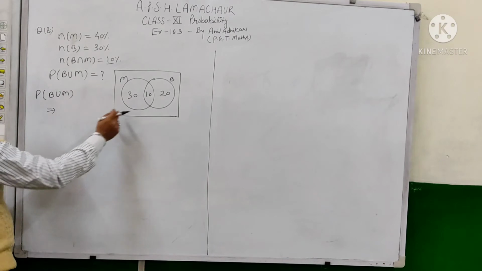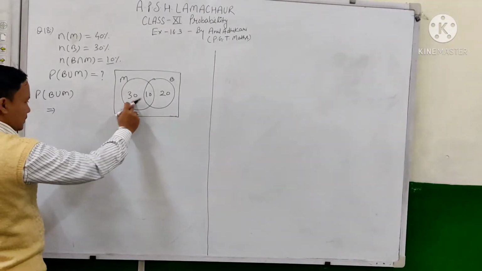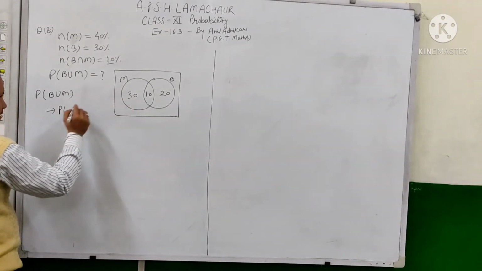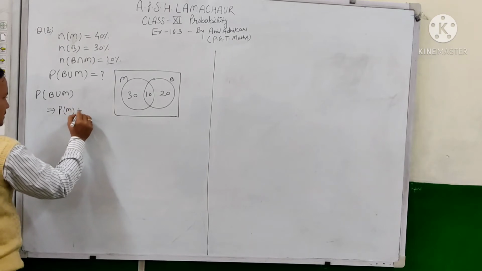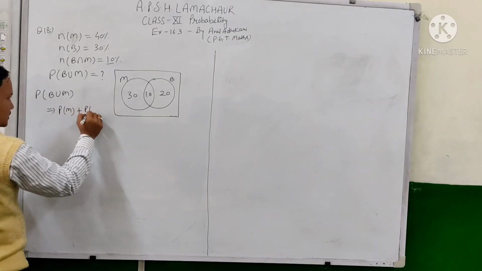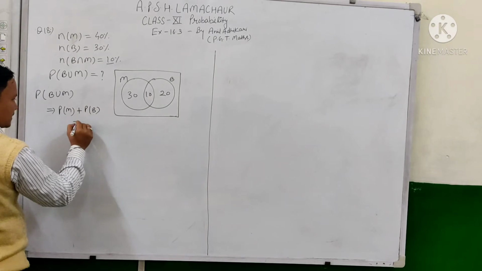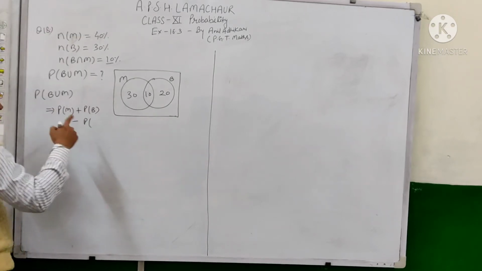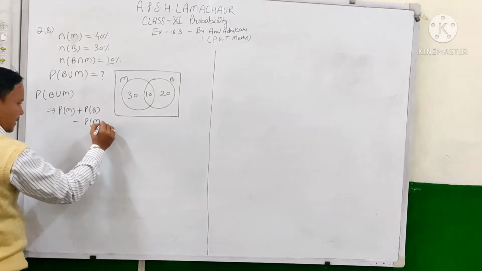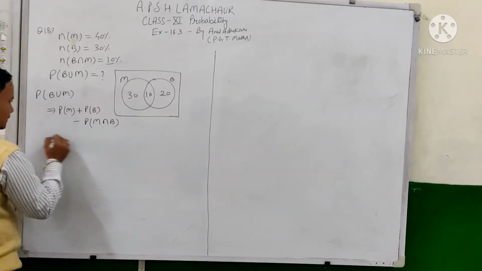So biology union mathematics total तो कैसे निकालेंगे, probability of student studying mathematics plus probability of student studying biology minus probability of students who are studying mathematics and biology. Okay.